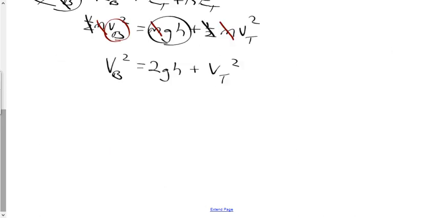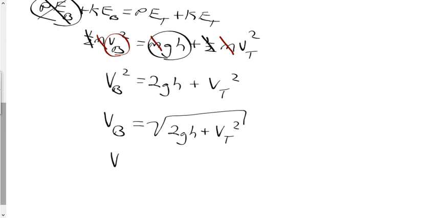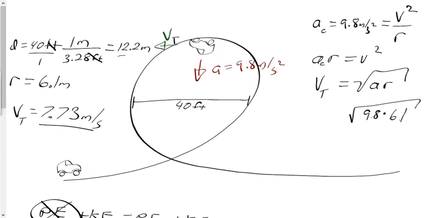Let me extend this a little bit. So the velocity at the bottom is equal to the square root of 2gh plus the velocity at the top squared. Let's go through and run those numbers. In fact, let me just write them out real quick. So the velocity at the bottom is equal to the square root of 2 times 9.8 times the vertical height. That's the 40 feet, but it's not feet, that's 12.2 meters.